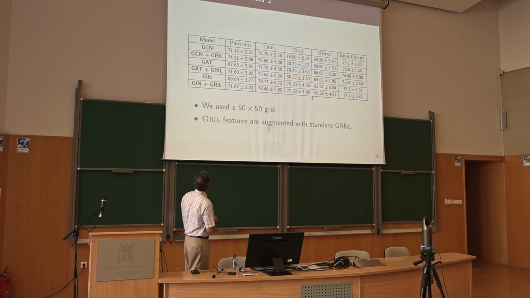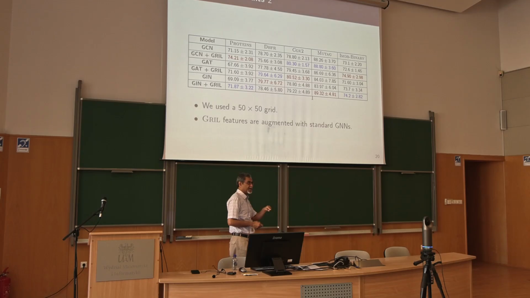Okay, so we used this 50 by 50 grid, and I think the best use of the grid is not by itself, but in conjunction with others which have proven to be good.